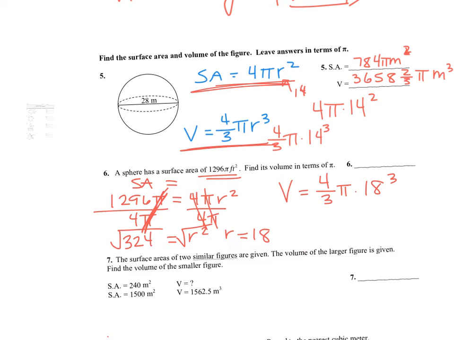So 4 divided by 3 times 18 to the third comes out to this number, 7,776. Don't forget to attach your pi, like I did. And then it's feet cubed because it's a volume. Okay, so kind of working backwards to be able to go forward with volume. Questions on that?